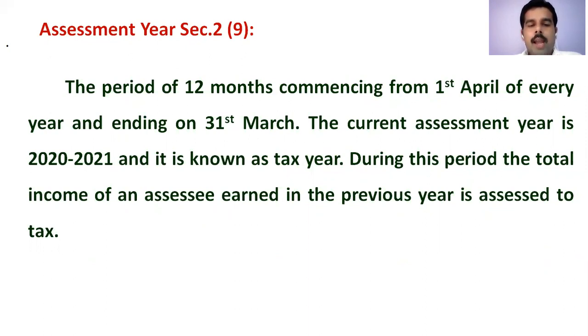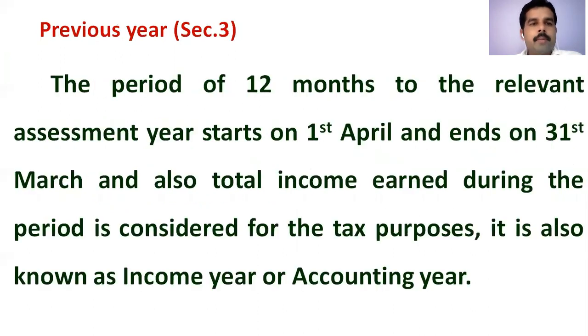According to these slab rates fixed by the Finance Act, we are going to calculate or file the income tax returns. During this period, the total income of an assessee earned in the previous year is assessed in this year, and that is called the assessment year under section 2 subsection 9. Then previous year, it comes under section 3.